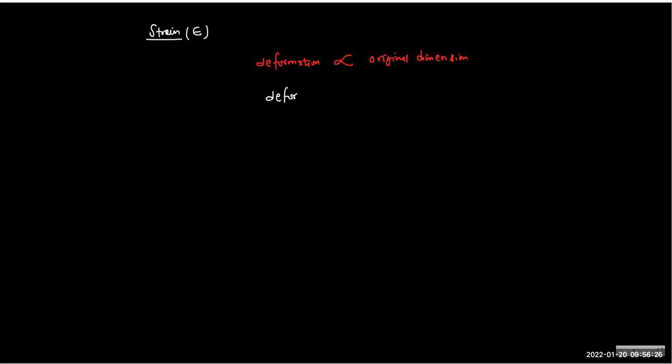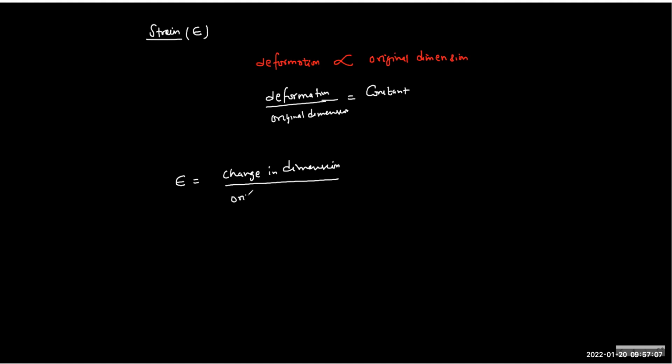If deformation is proportional to original dimension, then deformation upon original dimension will be a constant property for a given force, correct? And that's why we define strain in this particular fashion. The strain itself is defined as changing dimension upon original dimension.